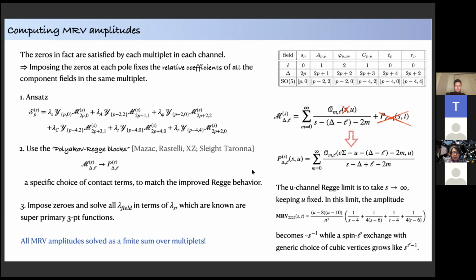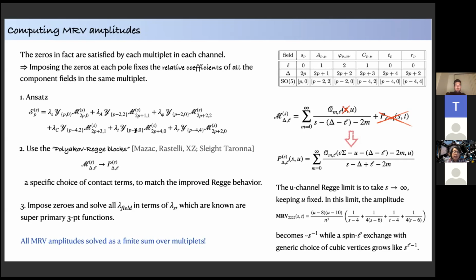The way to improve the Regge behavior is very simple. We just need to get rid of the t variable in terms of s and u, and then discard all the remaining contact terms from this amplitude, and that defines what are called the Polyakov-Regge blocks.